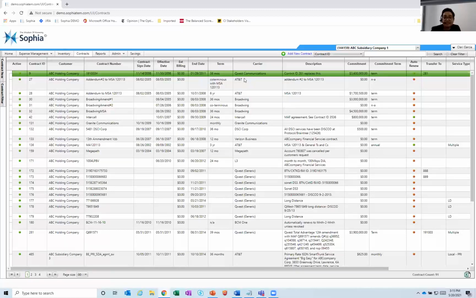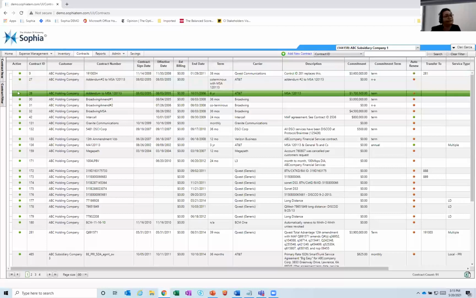So as you can see here, the reason why we can do that is because we evaluate each contract, then we catalog them, again, centralizing them in one repository. And we're including details like the terms of the agreement, the financial obligations, and the beginning and end dates of each contract.